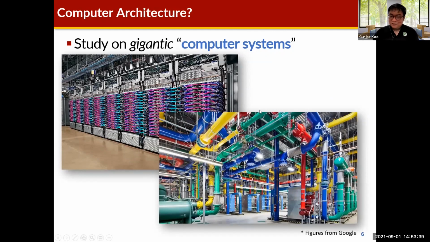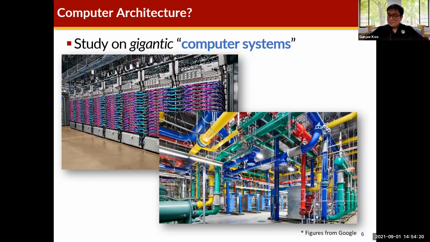And then gigantic computer systems. It's cloud computer systems. Recently everyone uses the smartphone, but our data exists in the cloud computer system. This cloud computer system is composed of many high performance computer servers, and these servers are connected to each other and work like one computer system.